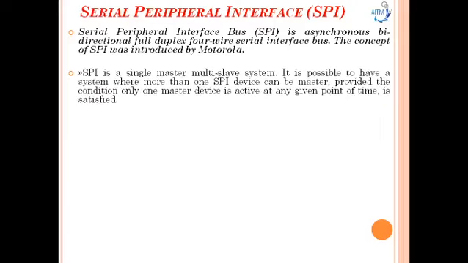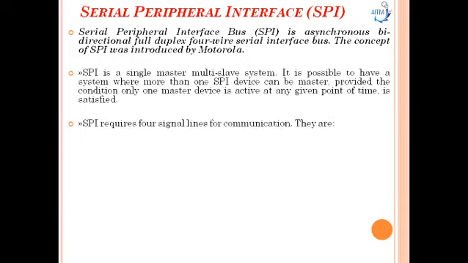The SPI is a single master multi-slave system, so here we have only one master and multiple slaves. It is possible to have a system where more than one SPI device can be a master, provided only one master device is active at a given point of time.